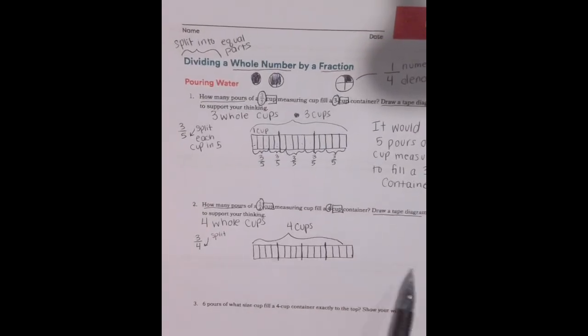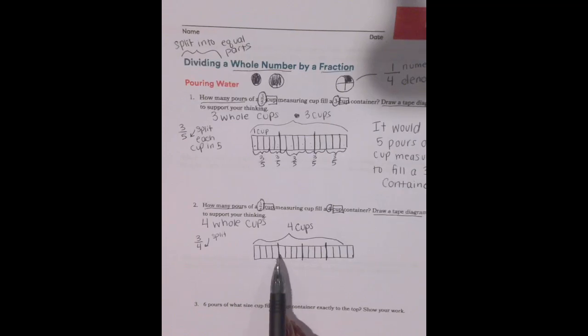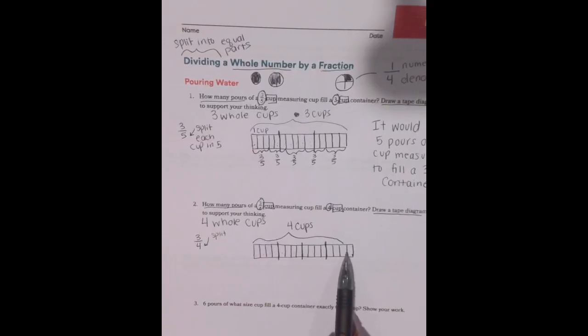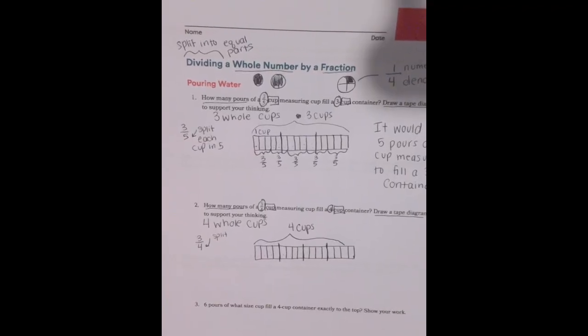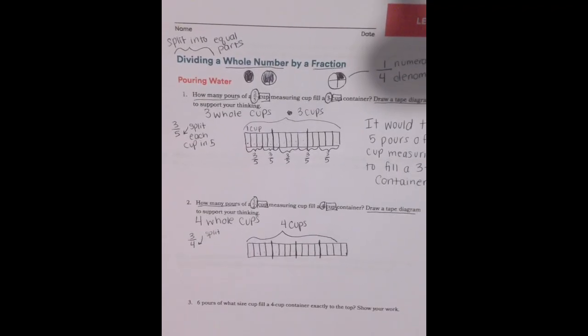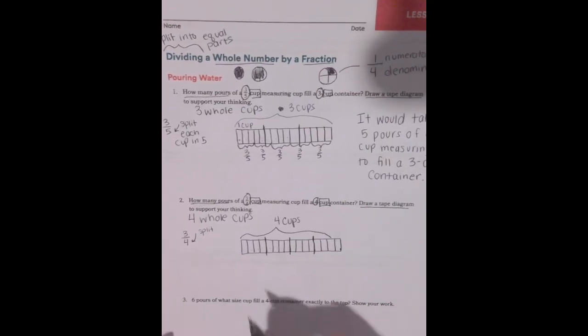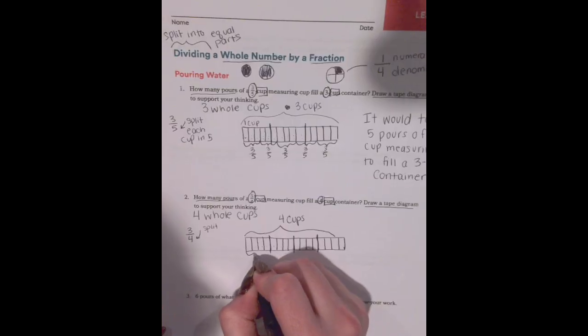So if you are counting these, you should have 1, 2, 3, 4, 5, 6, 7, 8, 9, 10, 11, 12, 13, 14, 15, 16 boxes. Now, since we want to be pouring in 3/4 at a time, we're going to take out 3 each time.